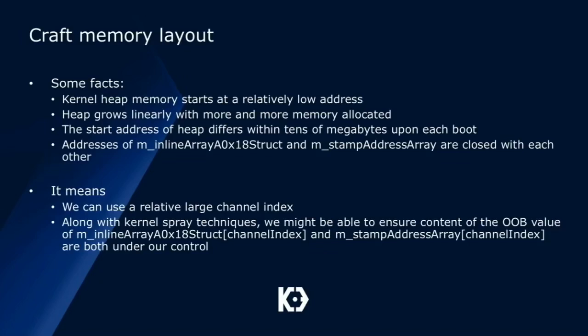This is due to the early random value. Also, the addresses of M inline array and the M stamp address array are close to each other. Because of that, we can use a relatively large channel index, along with some technologies like kernel heap spray. We might be able to increase the possibility of making sure the out-of-bound values of both arrays are under our control.